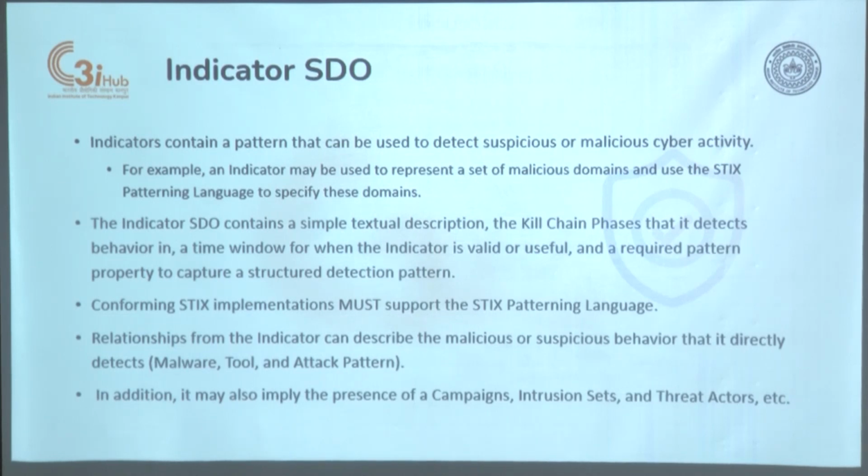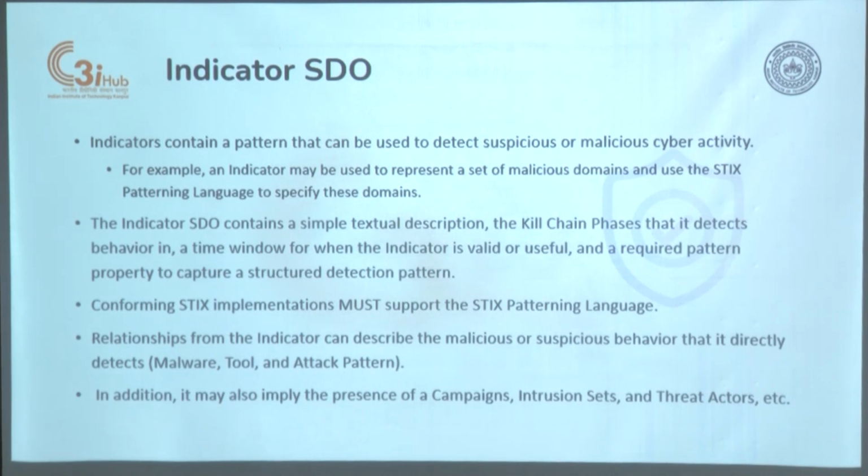You should be looking for binary files which have a particular hash, for example, or traffic that goes to a particular IP address or URL, or a change in the Windows registry, or a change in some particular directory, this kind of stuff. These are indicators that you want to tell the other party to look for.